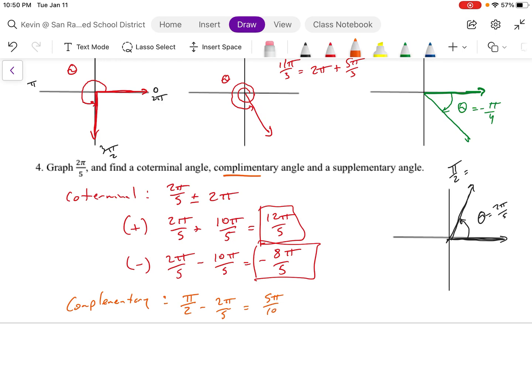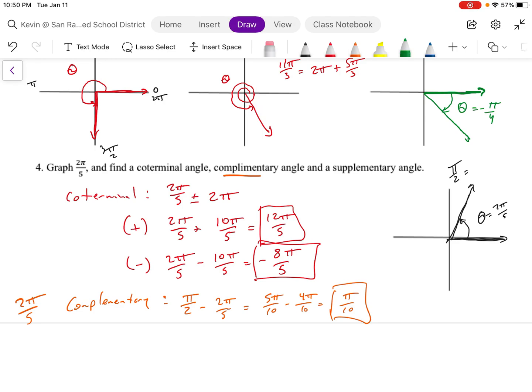This would be 5 pi over 10 minus 4 pi over 10 equals pi over 10. So if our angle is 2 pi over 5, the complementary angle to it, what would add up to equal pi over 2 or 90 degrees, would be pi over 10.